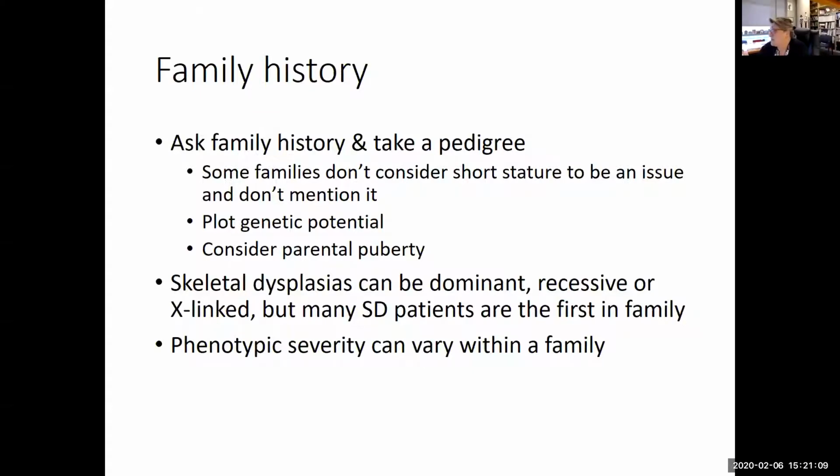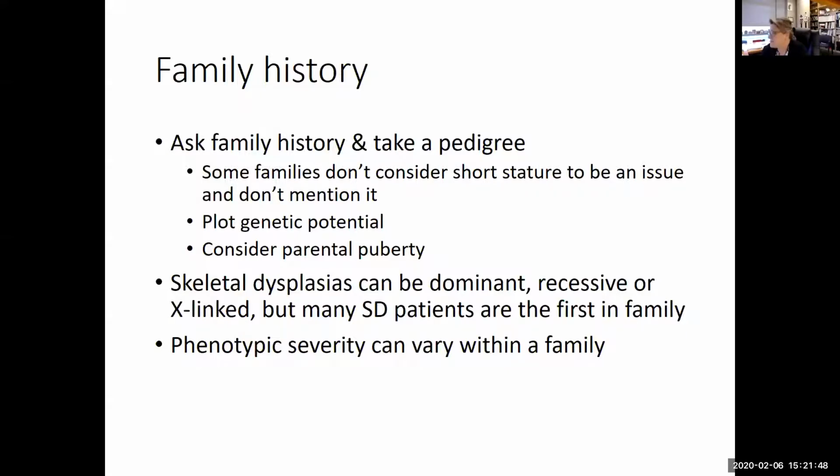Skeletal dysplasias can be dominant, recessive, or X-linked, but many times the skeletal dysplasia patient is in fact the first person in the family with the condition, so just asking those general questions. And phenotypic severity can often vary within a family for some of the dysplasias. The short stature itself, if a person has a mutation in a gene that's causing a short stature dysplasia, there are few instances where there's decreased penetrance or a situation where someone could truly be average stature but still have a dominant mutation, for example.